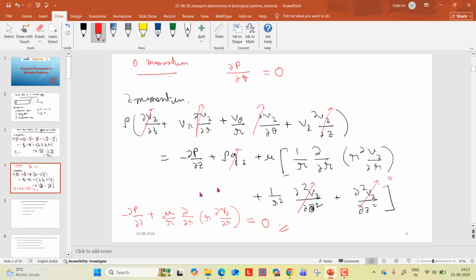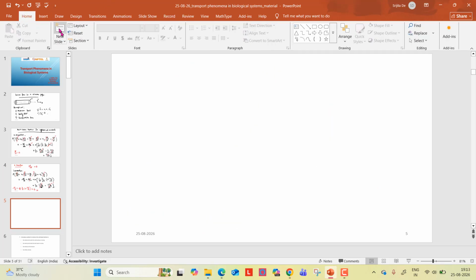Now we can write it in the tau form also, right? So this is the same thing. So it will be minus del P del Z plus 1 by R del R of R into tau RZ equals to 0, right?